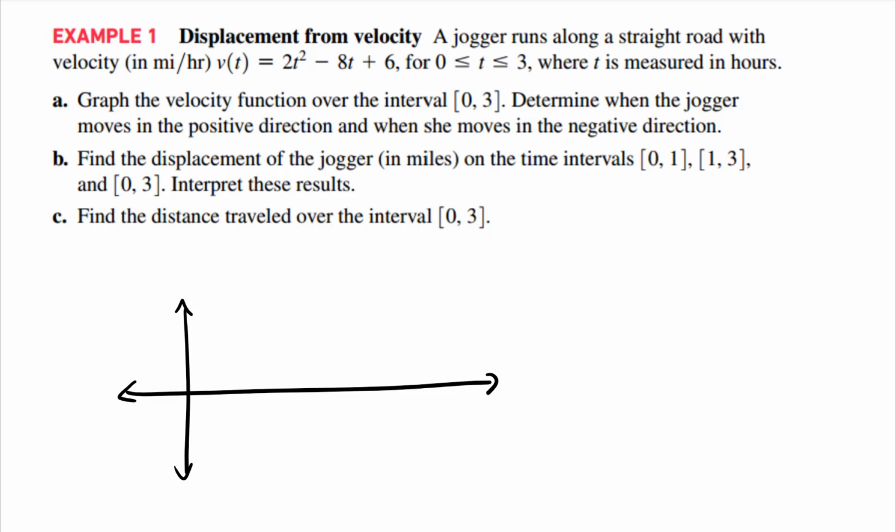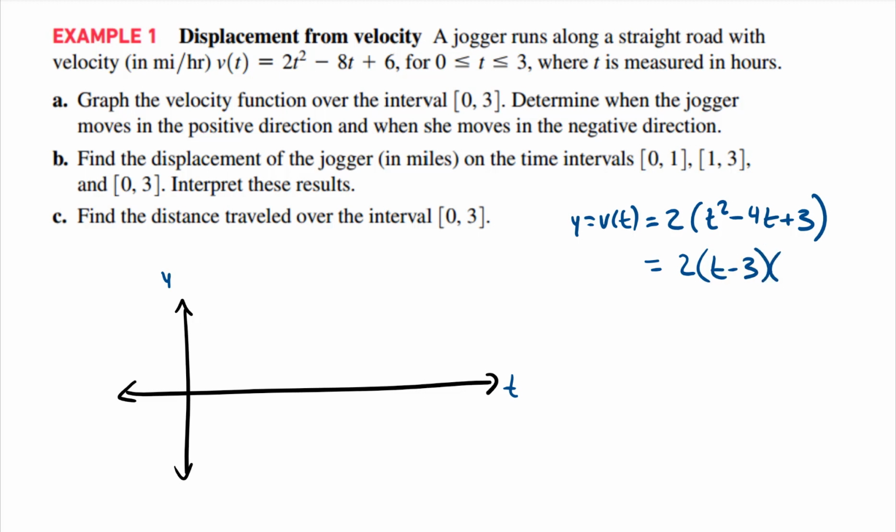So let's take our velocity function. This is our y. This is our t. And I'm saying y is equal to v of t, which is 2t squared minus 8t plus 6. So I decided, you know what? Let's factor it up. Oh, there we go. So it's some sort of parabola.